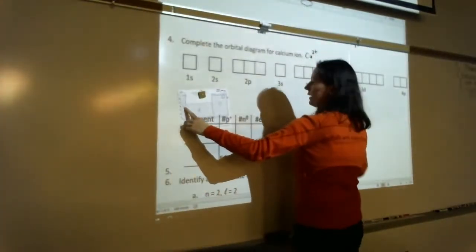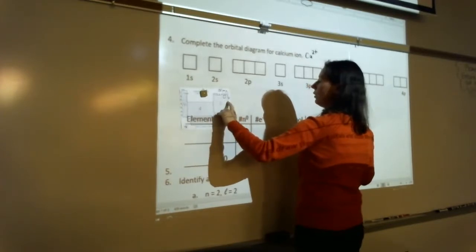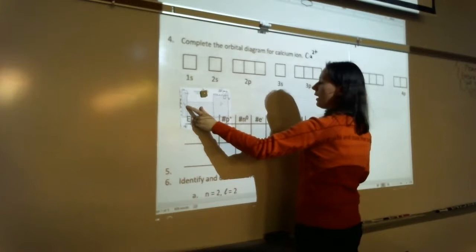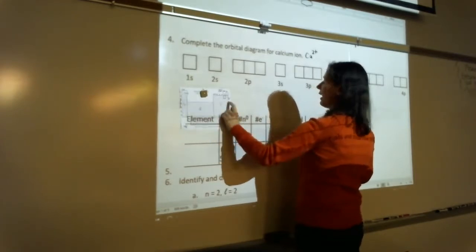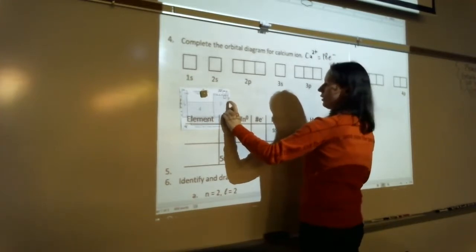So does that mean it's gained electrons or lost electrons? Lost. So it's lost 2, so it's got the same electron configuration as who? Argon, right? Yes. Calcium's got 20 electrons, so calcium ion's got 18 electrons. It's isoelectronic with argon.